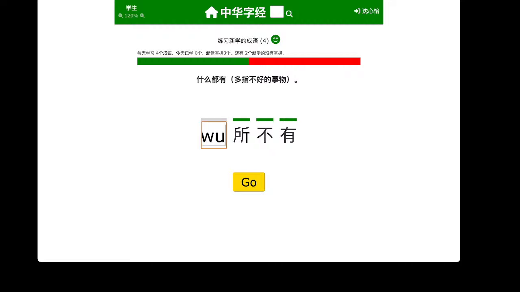That would be something that everybody has and nobody doesn't have. I think? No. 无所不有 is like fully equipped and lacking in nothing. A little bit different. Oops, I hit something totally wrong. How did that even happen?